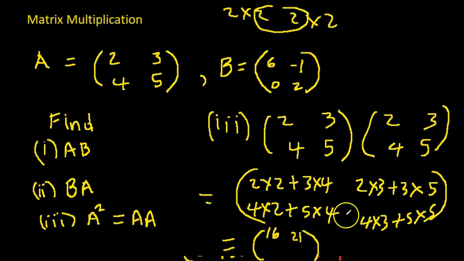This is 8 plus 20, that's 28. And this is 12 plus 25, that's 37, right? So A square is 16, 21, 28, 37. That's it.